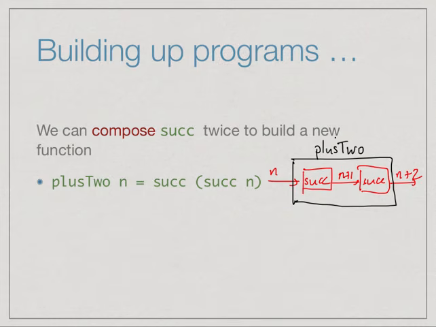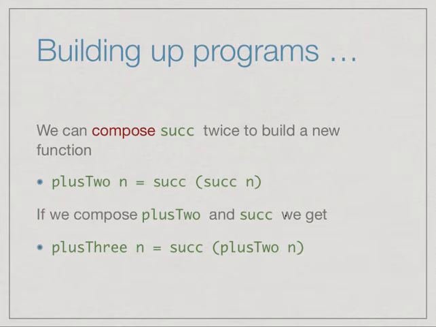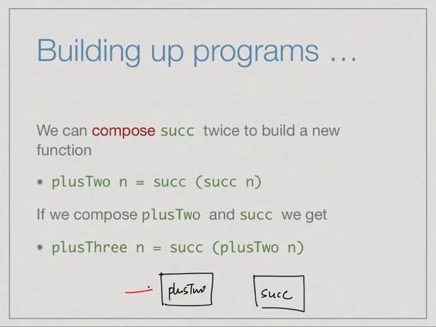So this is what it means to compose two functions. You take the output of the first function and feed it to the second function. So in this case, we have composed the same function twice. We have taken the successor of successor. However, we can also combine two different functions. For instance, we can take the plus 2 which we have defined and feed its output to successor. So we already know that if we take a number n and feed it to plus 2, we get n plus 2.